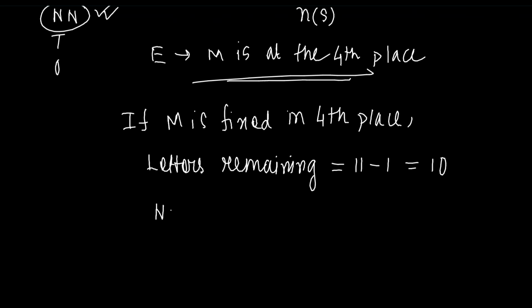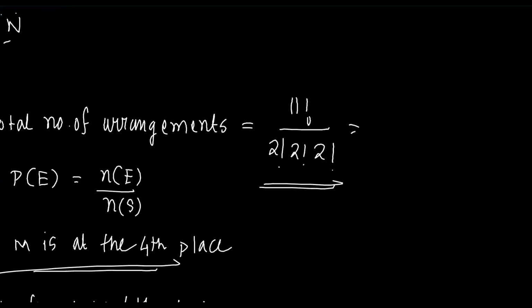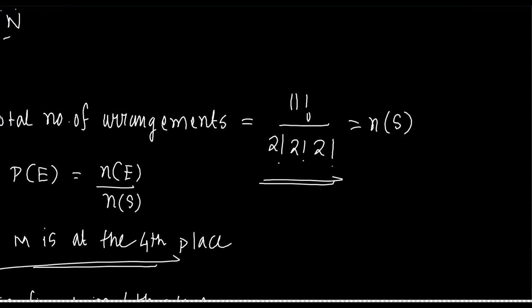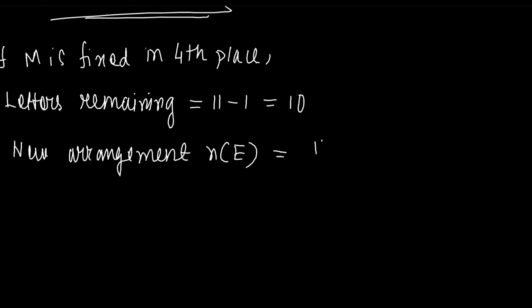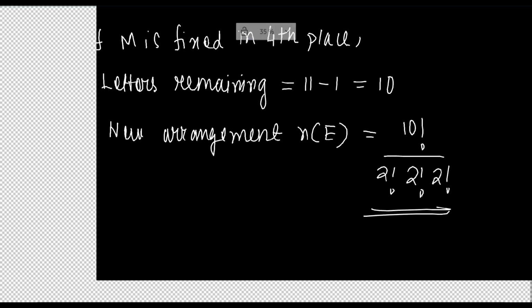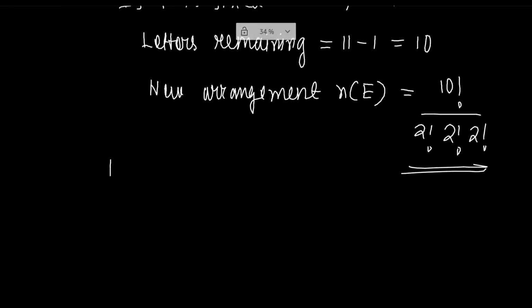So new arrangement, that is, we can write NE. Now this was our NS. Okay, now NE will be what? It will be 10 factorial by 2 factorial for A, 2 factorial for N, and 2 factorial for I. So this is our NE. So probability is simple. If you want to find the probability of this event E, it is NE by NS.